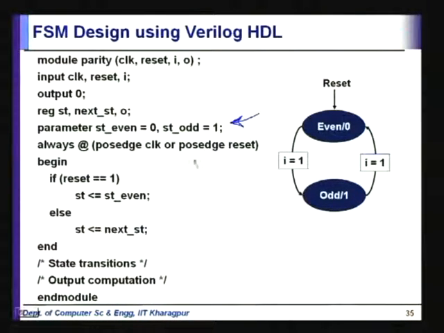This one is the part which takes care of the reset. Always at posedge clock or posedge reset, if reset is 1, then the state of the machine becomes ST even, otherwise the state becomes the next ST, and next ST will be defined shortly.